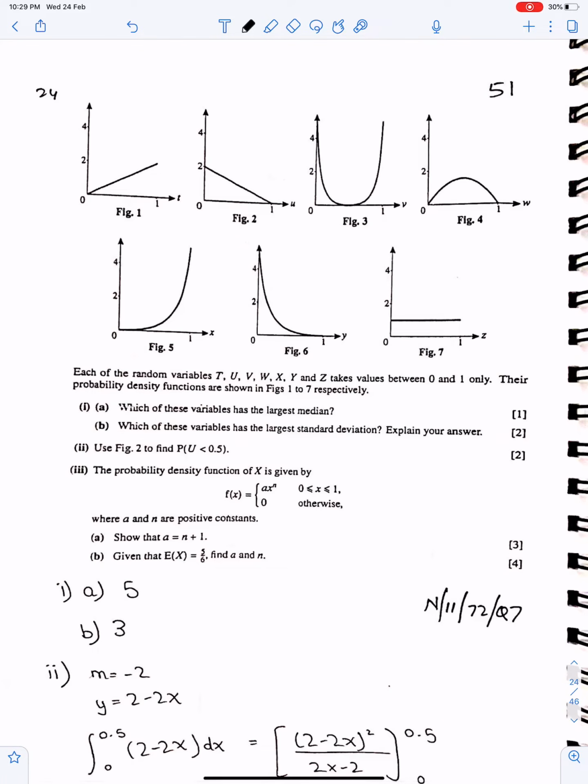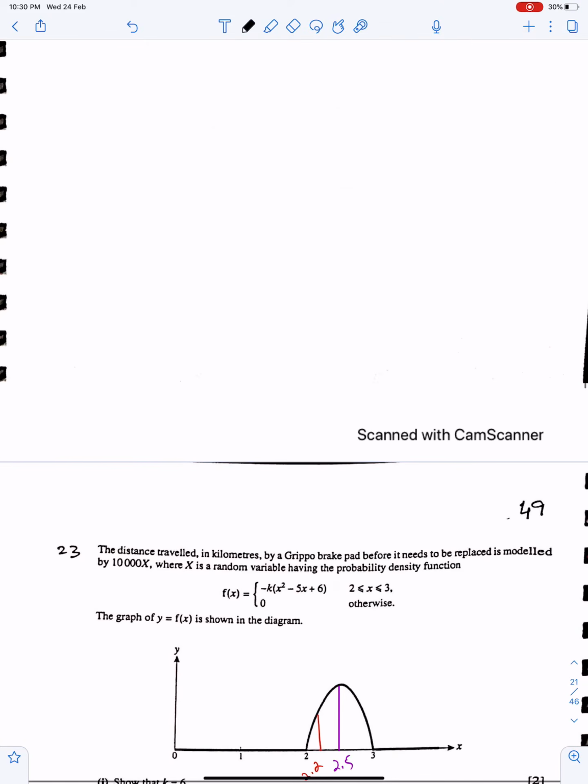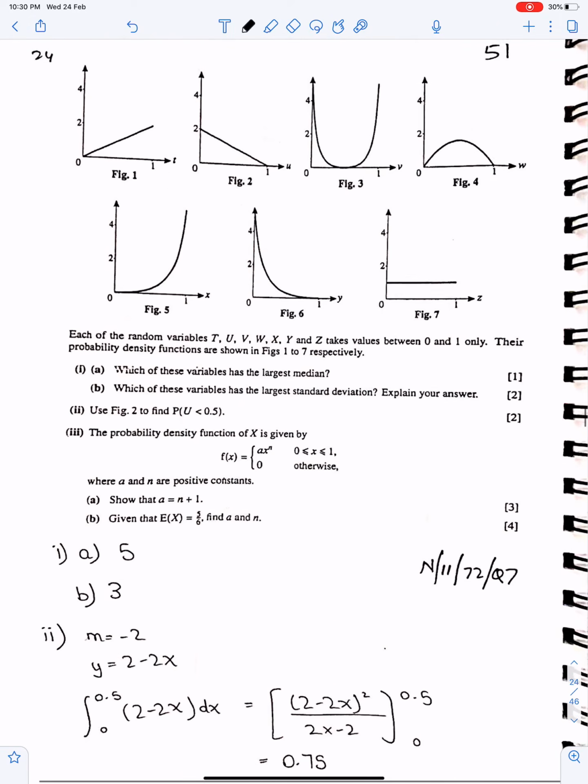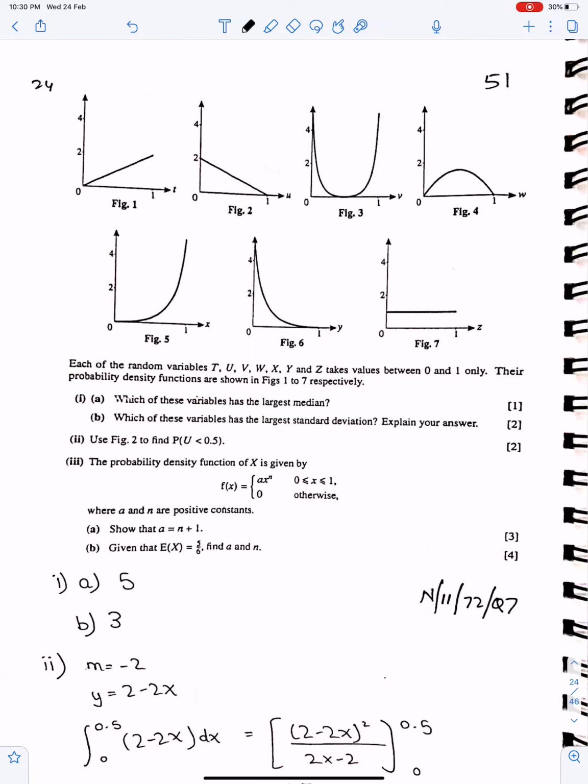Now question number 24. Question number 24 says, each of these random variables T, U, V, W, and so on.